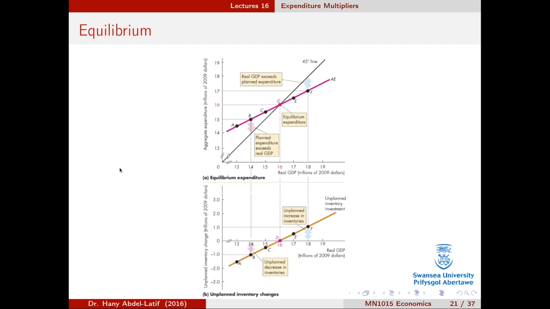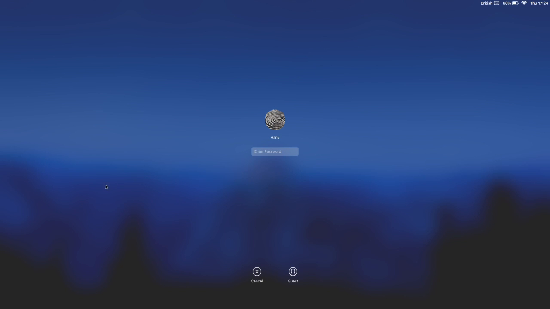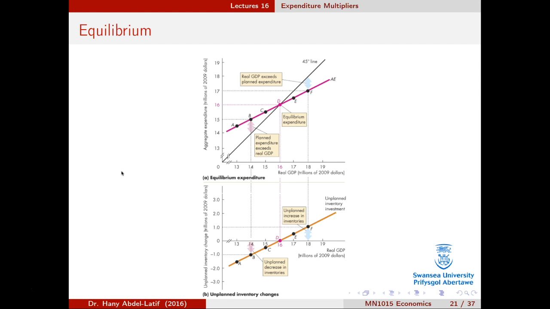Again, think of the black line as real GDP and the red line as the aggregate expenditure. So at points A, B, and C, aggregate expenditure is above real GDP.